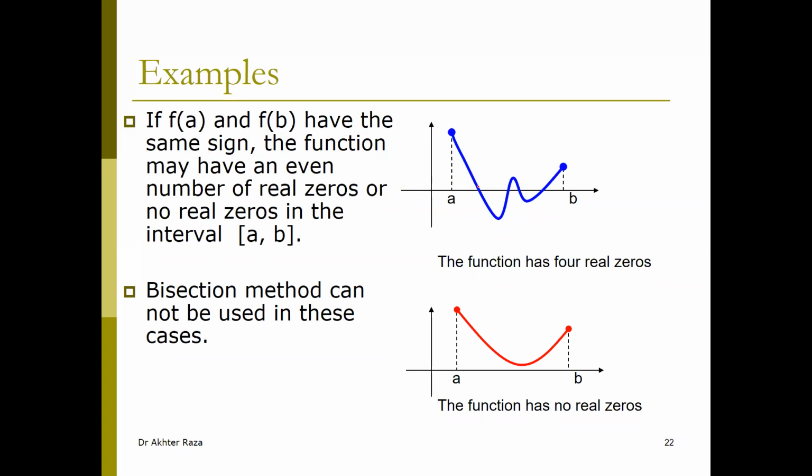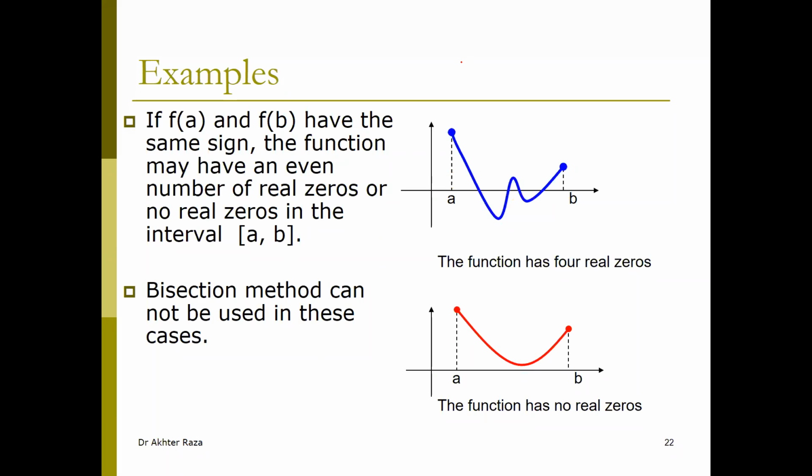We have 4 points here. Another situation is if FA and FB both have the same sign, then no zero exists because it doesn't touch the x-axis. And here is the example where we have multiple zeros, which are even in number, within that interval.